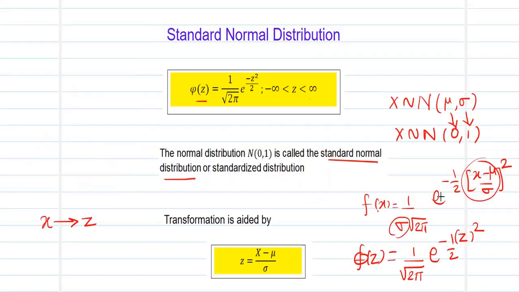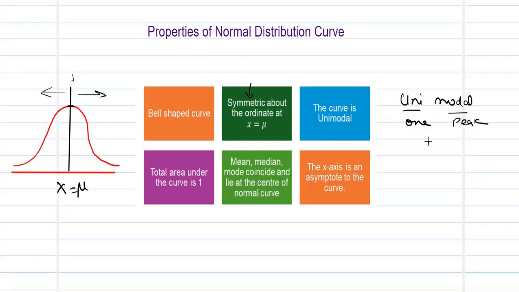When x is becoming equal to mu, this part will vanish and e power you will have as 0. What do you know about e power 0? E power 0 is 1. So what will be the maximum value attained by the function? It will be 1 by sigma into square root of 2 pi. This will be the maximum value attained by the function. And at which point does it attain it? It is attained at the point x equal to mu.